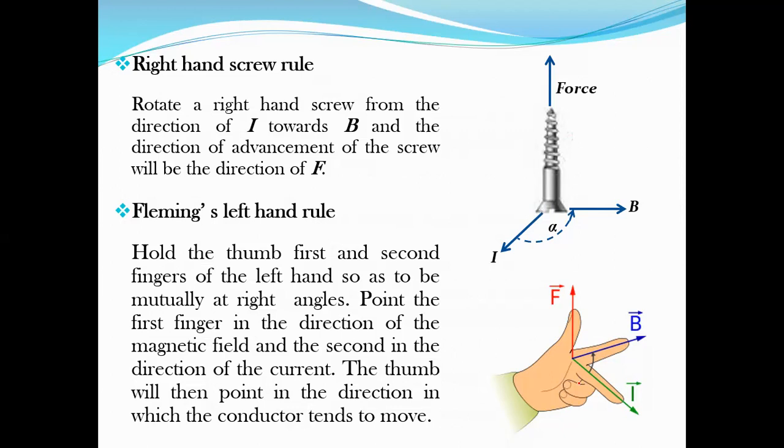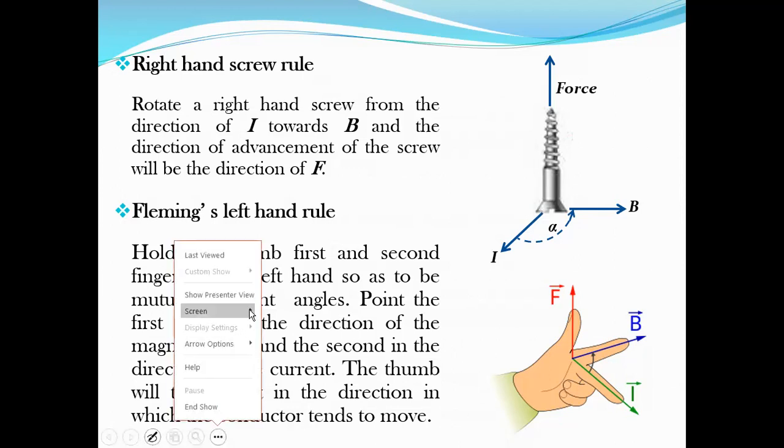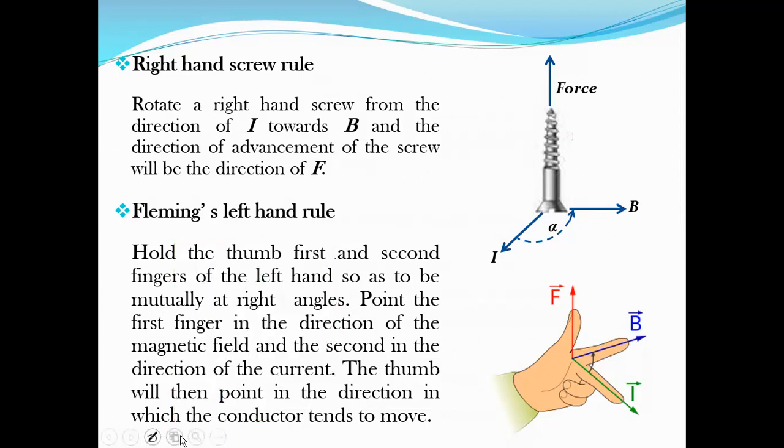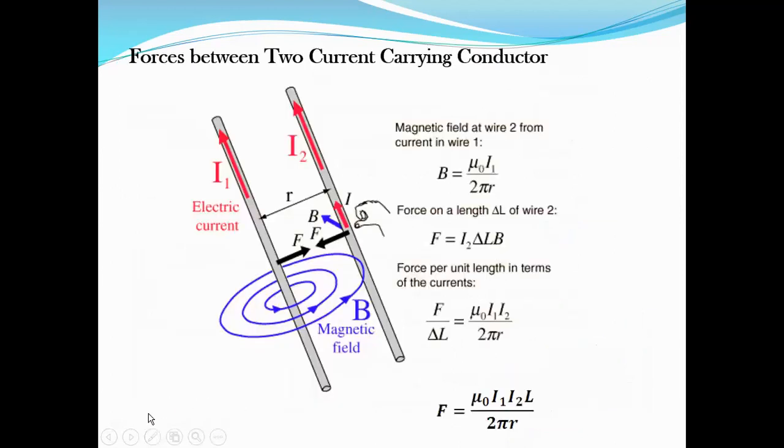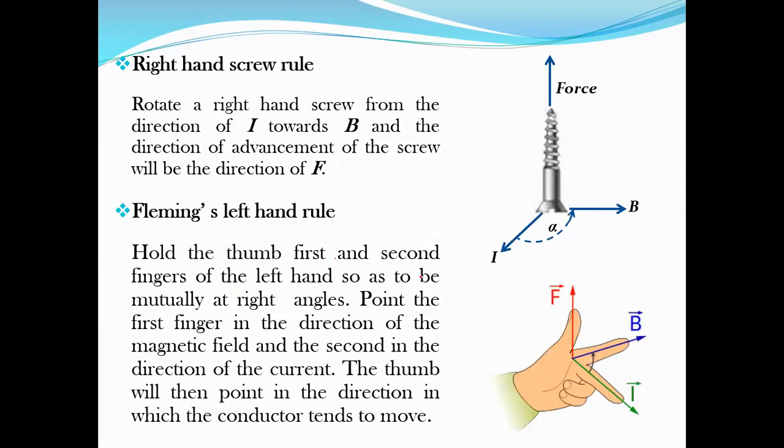So when we are combining that, when you are rotating, we are taking B cross I like this, right?